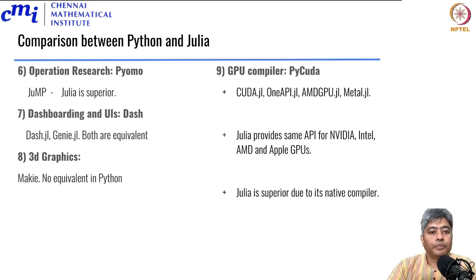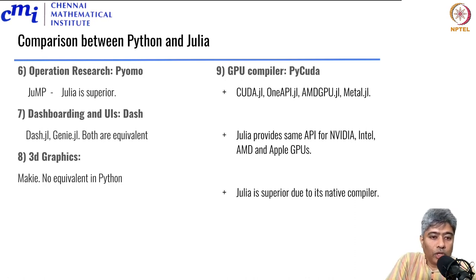If you want to implement operations research projects, like optimization, Pyomo is the Python package, but JuMP is the best. I think Julia's JuMP is far superior to Pyomo.